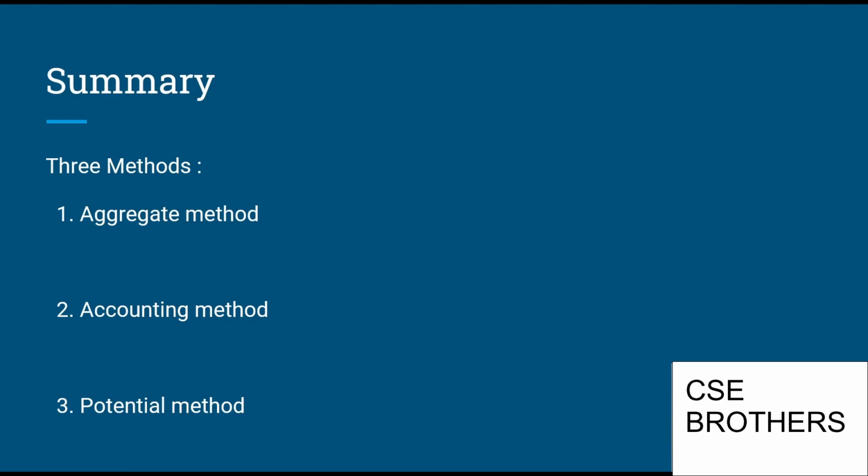Next, we saw the accounting method and the potential method, both of which are conceptually similar. Here, we assign a charge to each iteration and use some of it for the short operation and save the rest for the larger operation. The main difference between the two is that in the potential method we were able to determine the balance, that is the potential, at any point using the potential equation. In all methods, we found the time complexity to come out to be O of 1.